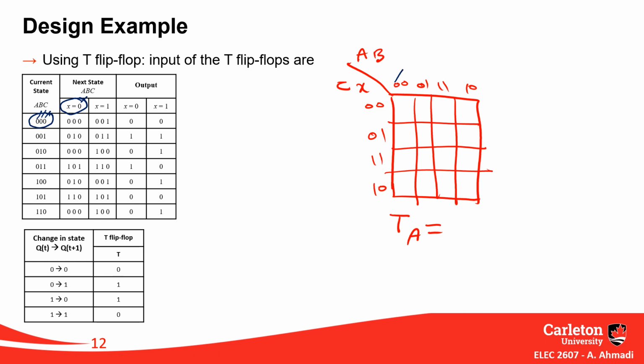We are talking about this square. There will be a transition in A from 0 to 0. Based on our table, to do so, we have to apply a 0 to T. So TA for this transition must be 0.